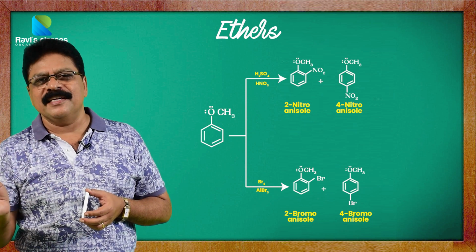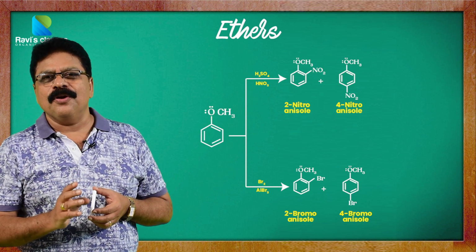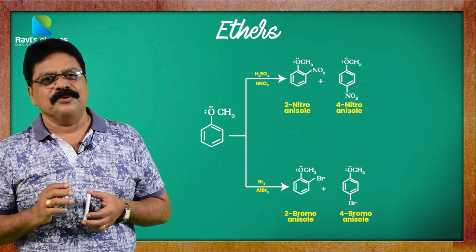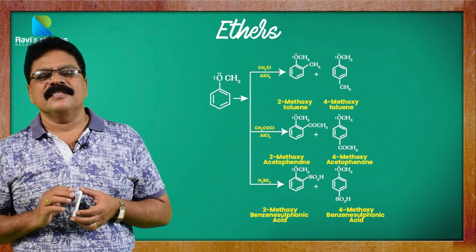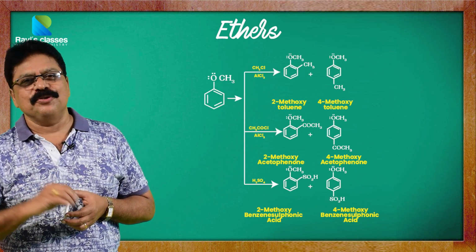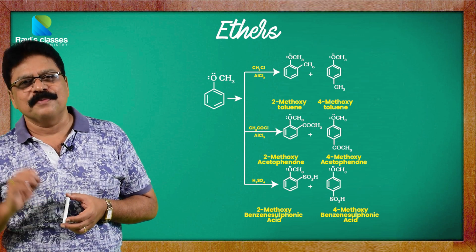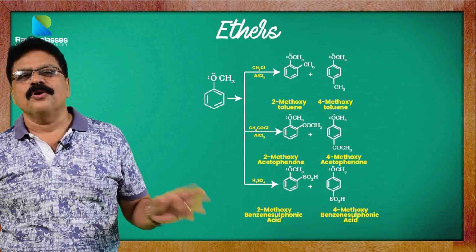So if you try to brominate anisole or methoxybenzene, you get what? Ortho-bromo or para-bromo anisole. Okay. So this is the interesting thing about the electrophilic substitution reaction shown by ethers. The alkoxy groups are activating groups, and they are ortho-para directing.